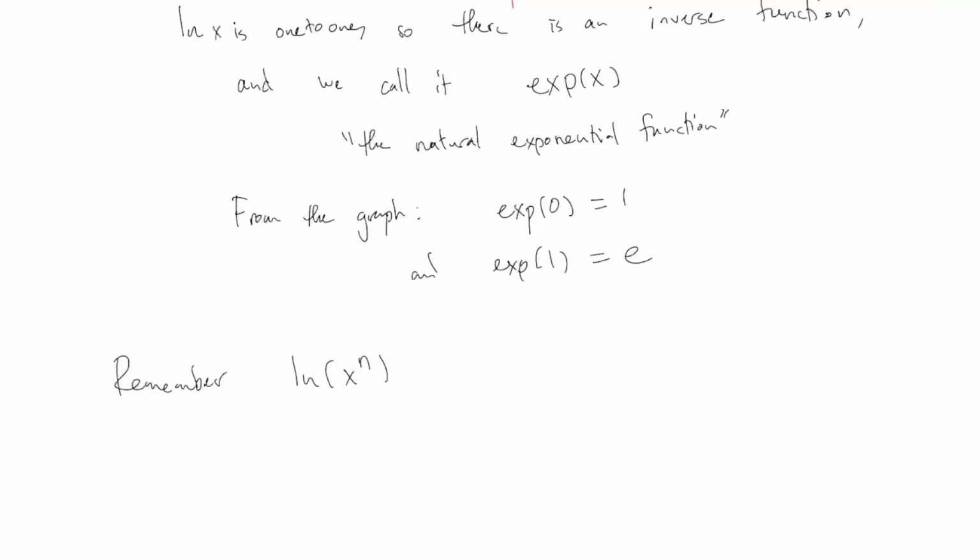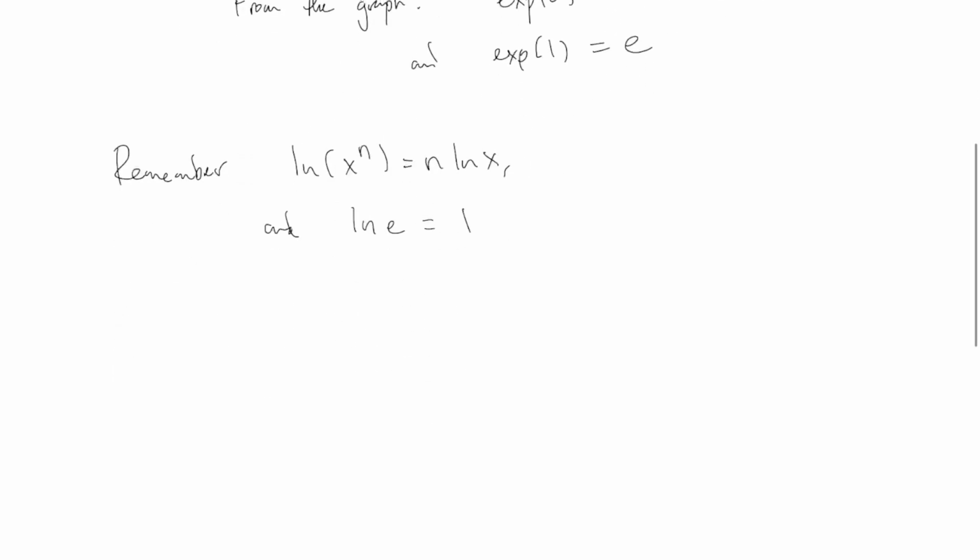Remember this rule about the natural log? ln of x to the n is n ln of x, right? And also, of course, ln of e equals 1. That's the point of this number, e. If we put those two rules together, what is ln of e to the n?